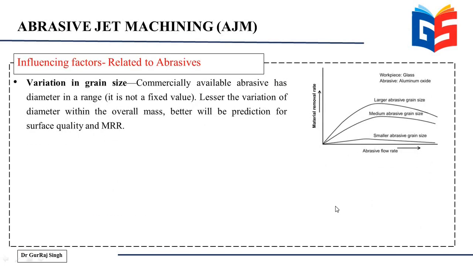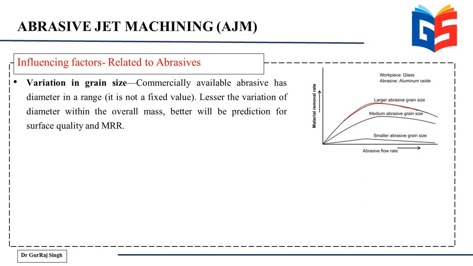Now when we talk about variation in the grain sizes, as the abrasive grain size improves, you can see in this graph what is going to happen. With smaller grain sizes, you will have lower material removal rates. With larger grain sizes, you will have larger material removal rates.